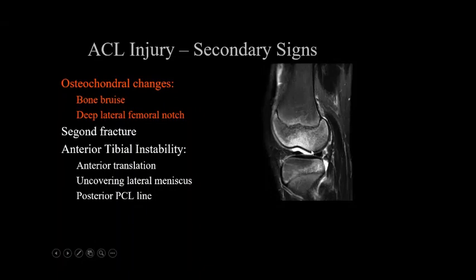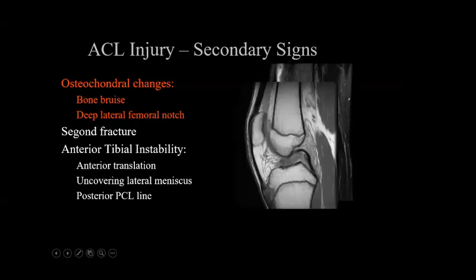And the presence of this pattern of bony contusion or bone marrow edema indicates a prior pivot shift mechanism of injury. So what that suggests is that the lateral femoral condyle dislocated and was here at the time of the injury, but then relocated into its normal anatomic position.